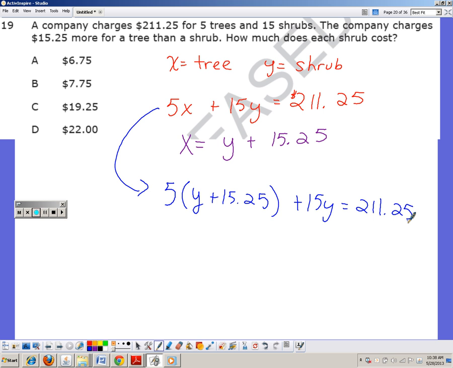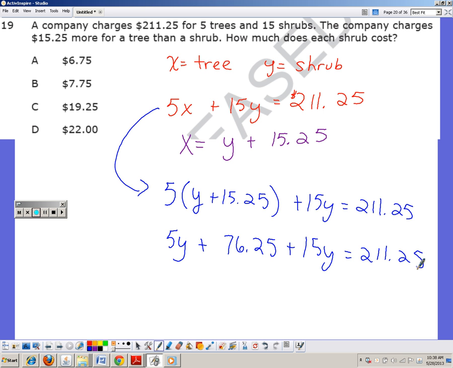Next step, get rid of the parentheses by doing the distributive property. So we got 5y plus 15.25 times 5. It gives us 76.25 plus 15y equals 211.25.